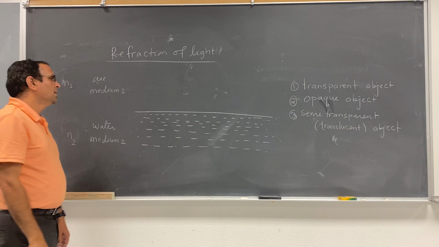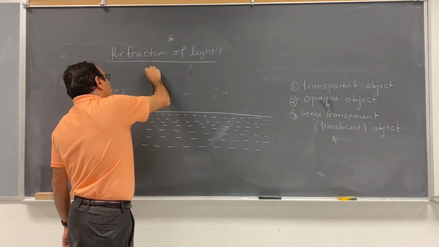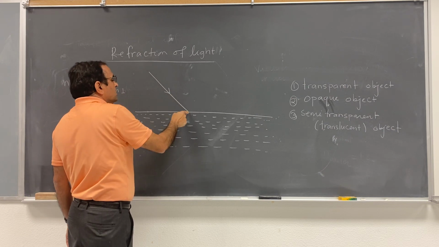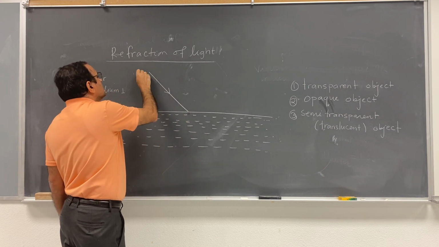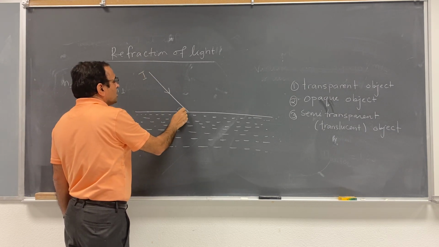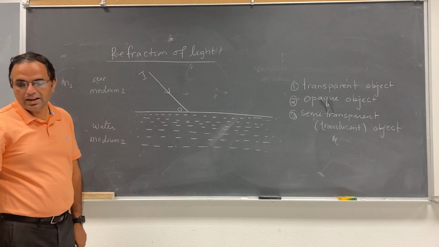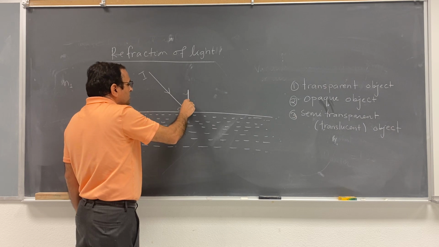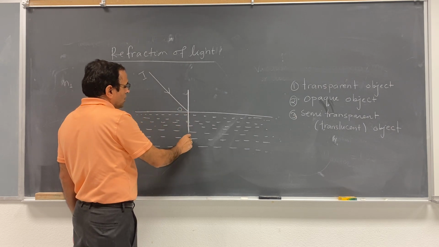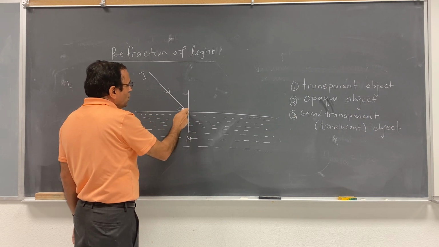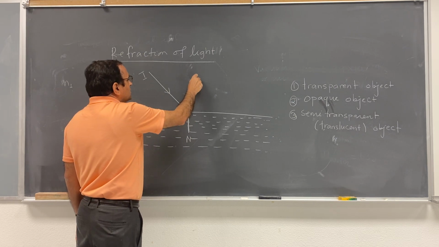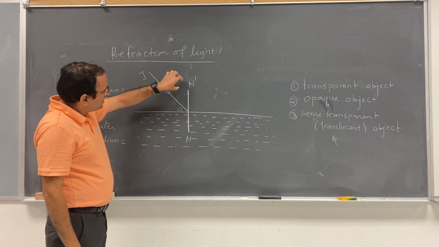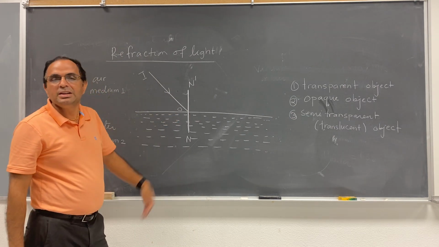Now let us consider the light is coming from the source and strikes here. This is the incident ray, IO. And you can draw the normal right here. This is the normal, N, O, N prime.